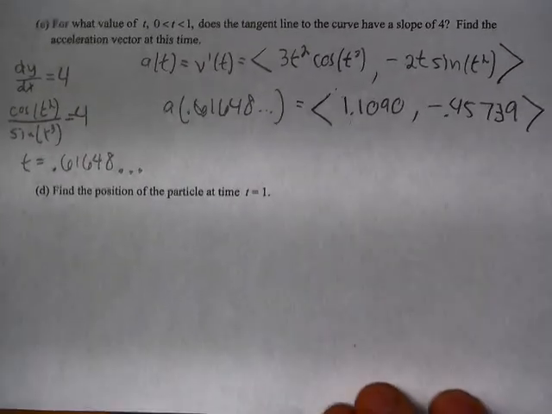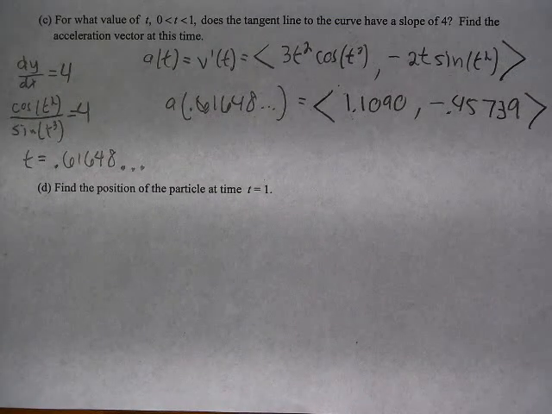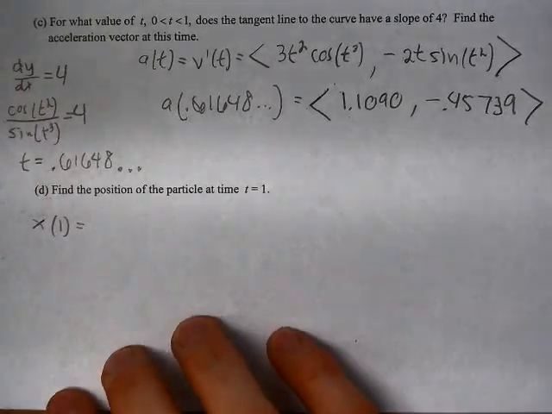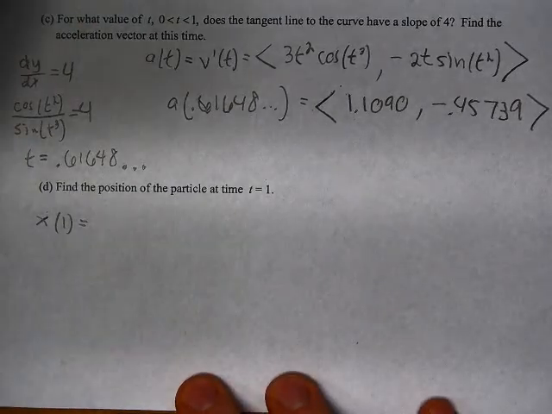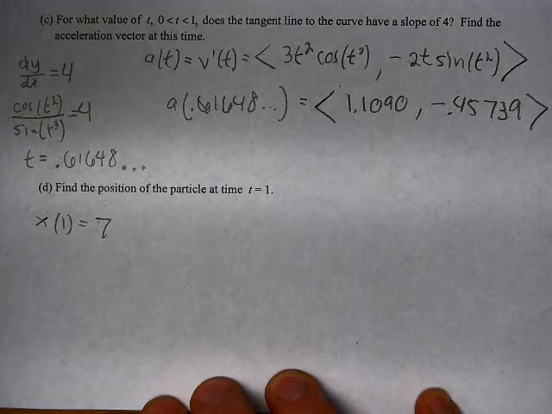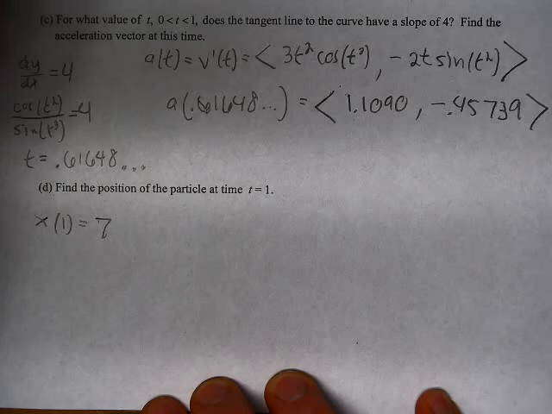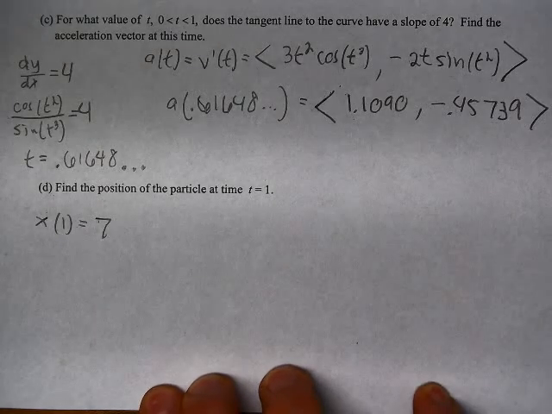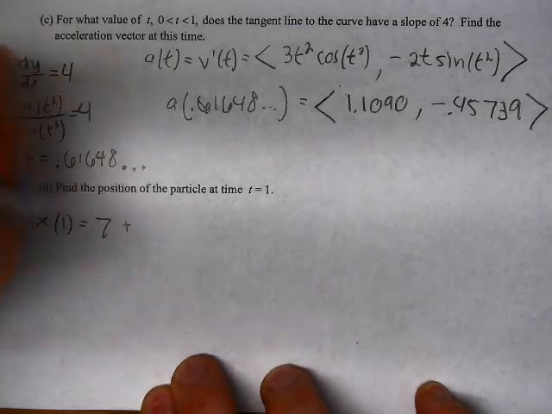Lastly, it asks us again about the position of the particle at time t equals 1. So we set this up, or we set up something similar, in the no calculator section. Here we're going to actually evaluate it. So the setup is the same. X of 1 is equal to the x of 2, sorry, where we were located at time t equals 2 was 7.